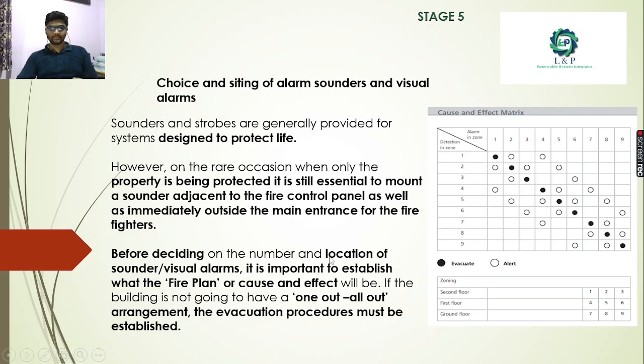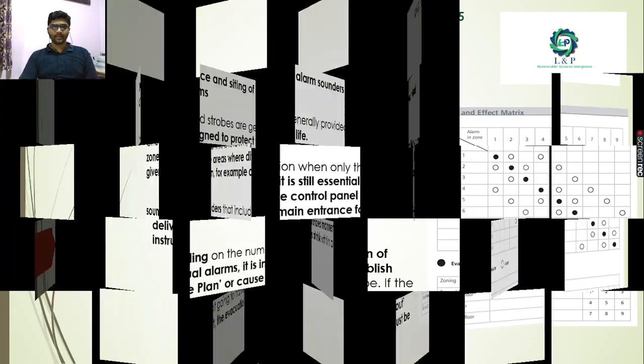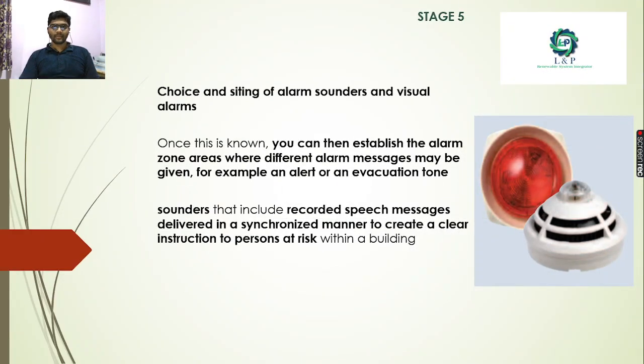So in order to design alarm sounders and the visual alarms, we need a cause and effect matrix. For buildings, it is designed on a one out all out arrangement. Nowadays many alarm sounders and visual alarms are coming, which are used to establish the alarm in a particular zone area with different alarm messages also.